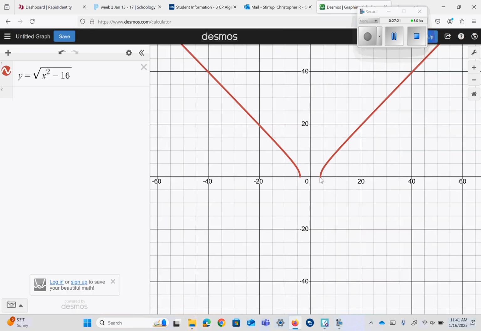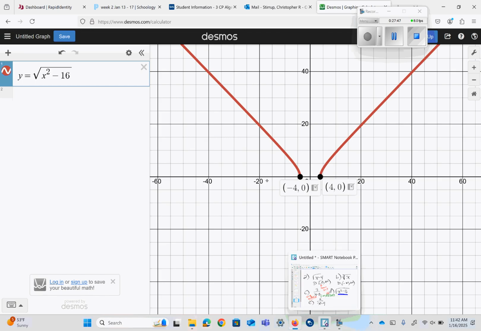I don't know. I will tell you that these two values do indeed exist because I can have the square root of 0. That's fine. Anything from -4 to +4 does not exist in the real number system. It exists in the complex number system because you would be dealing with a negative square root. So to make this work in the real number system, I can use square brackets on those 4s.